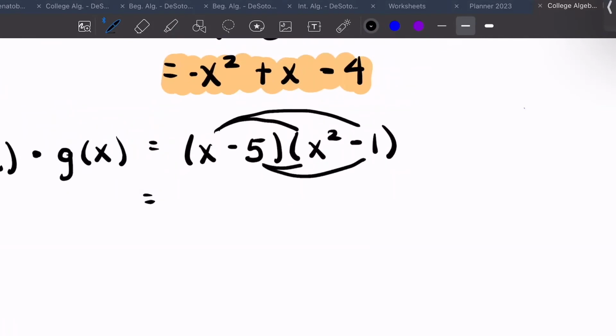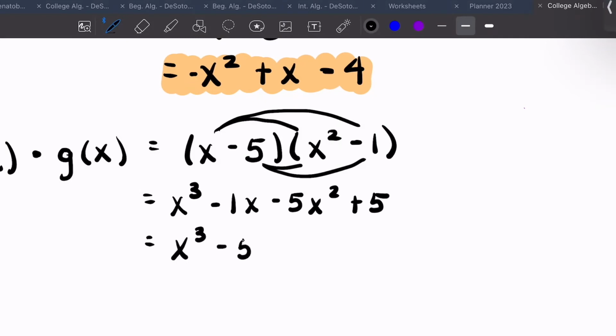So x times x squared is x cubed. And then x times negative 1 is negative 1x. Negative 5 times x squared is negative 5x squared. And negative 5 times negative 1 is positive 5. We can flip the order around, put them in descending order: x cubed minus 5x squared minus x plus 5.